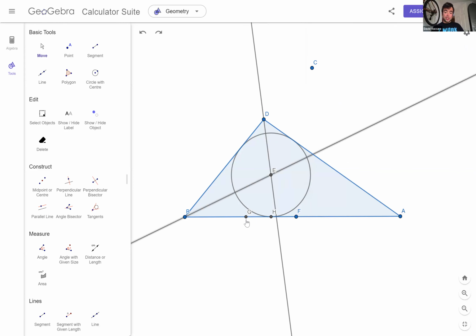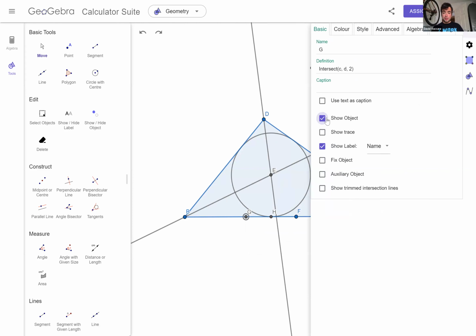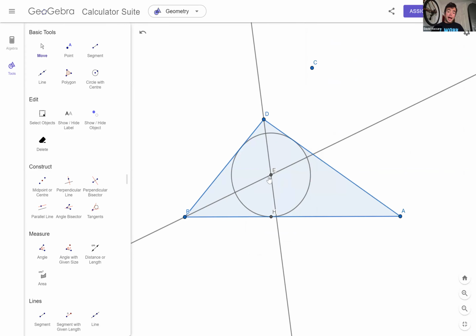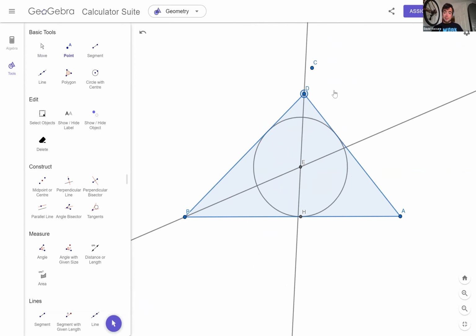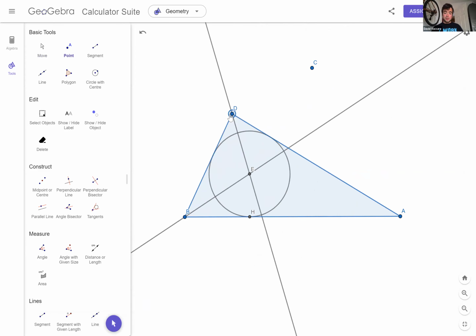I've then got the point H, which is the closest distance of that point to the line BC. And that circle centered on E touches the line BC, but then also touches all three of the sides. And what I can see is that this remains stable even as I move D around.